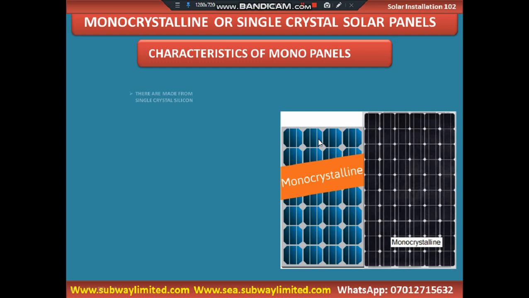One of the characteristics of the monocrystalline solar panel is that they are made from single crystal silicon. During the manufacturing process, it is only one crystal. This is a cell, a solar cell.